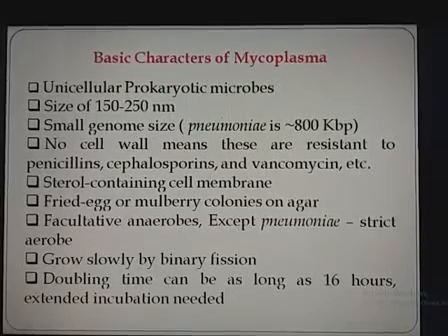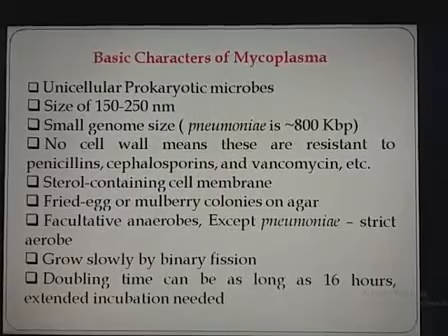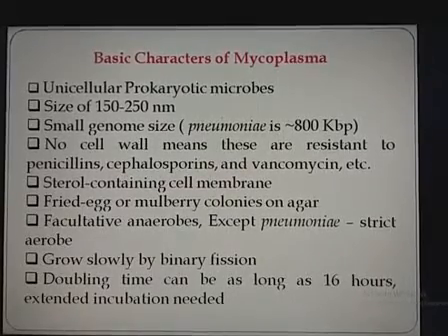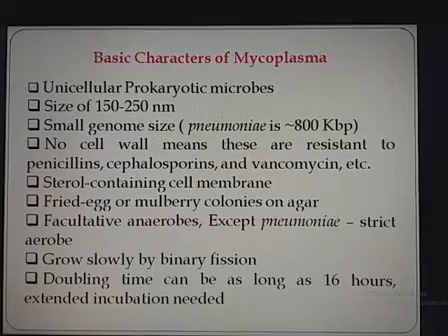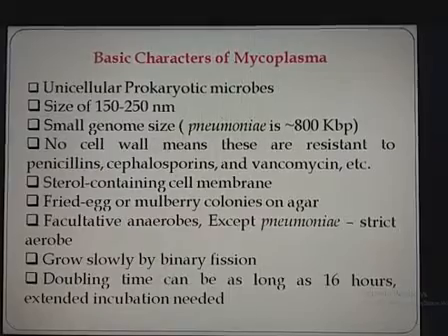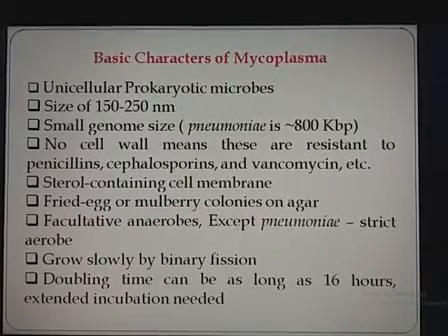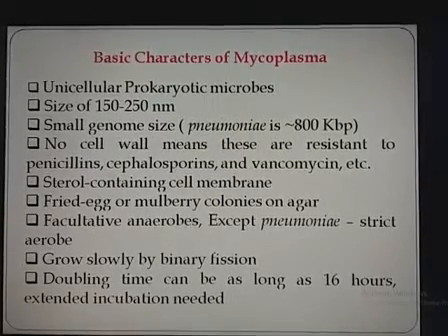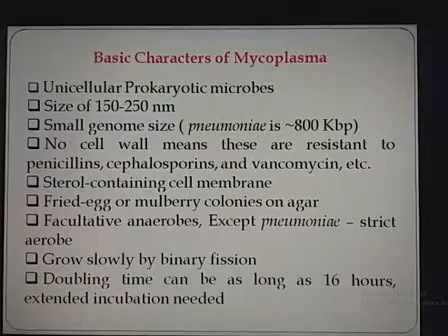They show fried egg or mulberry colonies on agar. Agar is a culturing medium where several bacteria are cultured for their growth, reproduction and experimentation. They are facultative anaerobes, but the exception is Mycoplasma pneumoniae, which is strictly aerobic in nature.